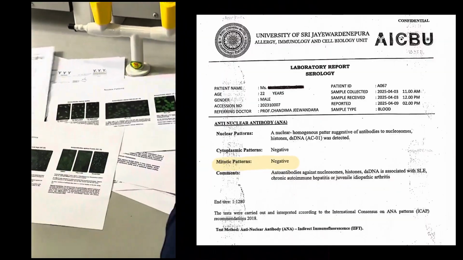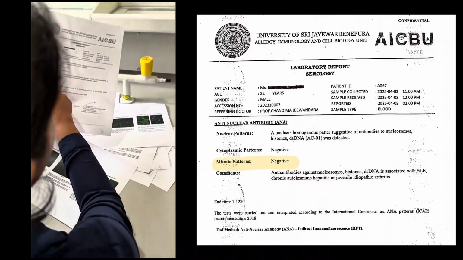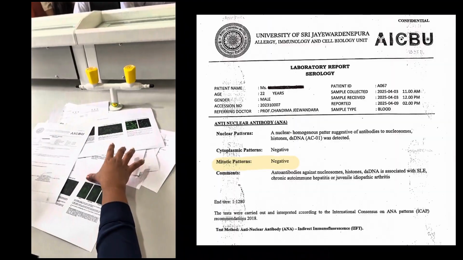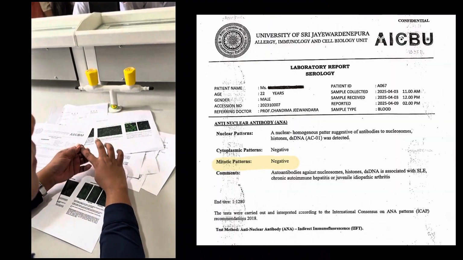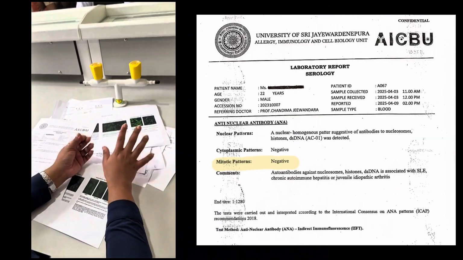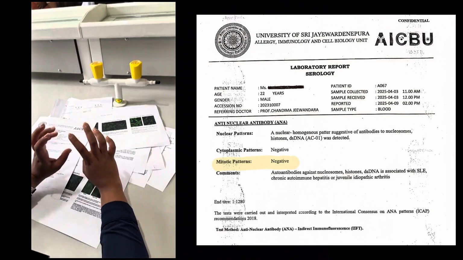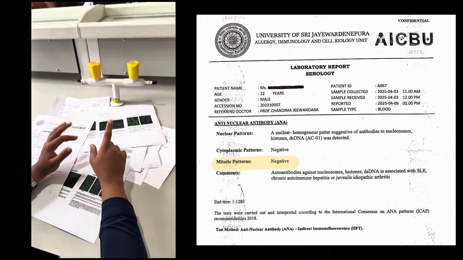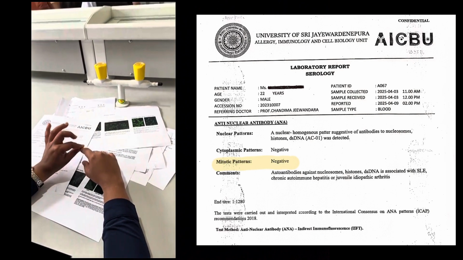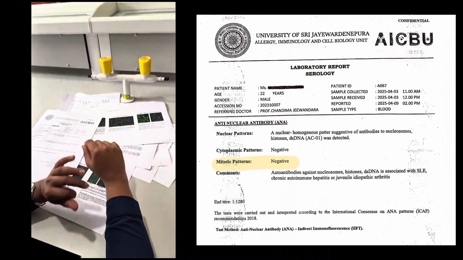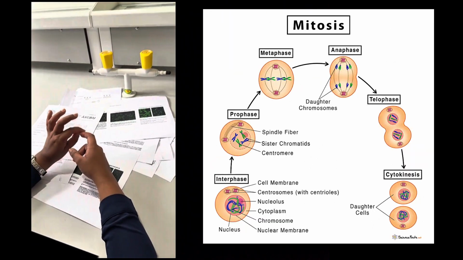So the cytoplasm is negative, and then there is the mitotic pattern. Mitotic patterns are autoantibodies that bind to components that are expressed only during cell division. You know mitosis, right? There are certain cellular components expressed only during mitosis, like what?